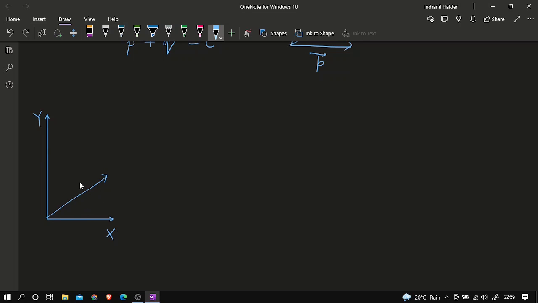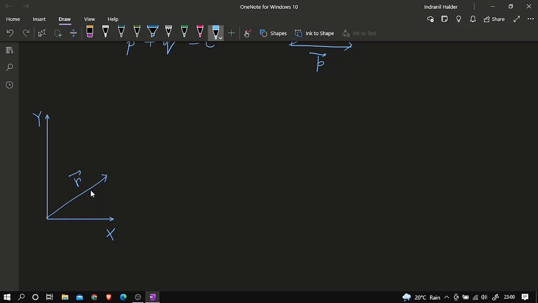Okay, this is a vector, suppose it is r. So then what do we have to do to represent this vector in this Cartesian coordinate system? If we can calculate the x component and the y component of this r vector, then we can do it.